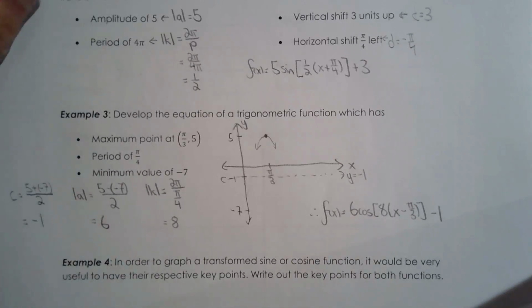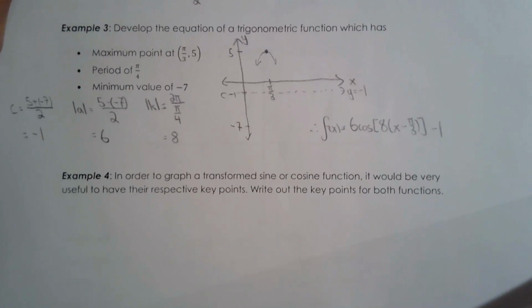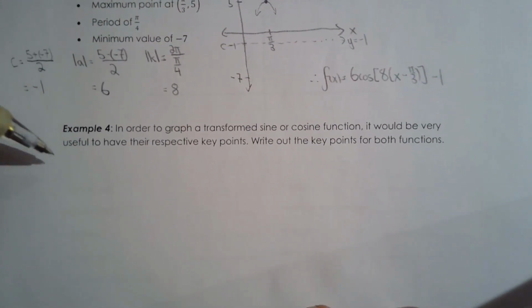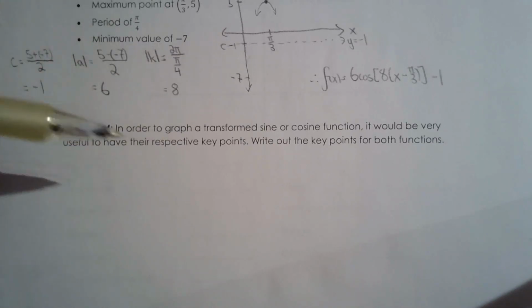Okay. All right, so the last question here on the second page is to write down the key points for the sine function and the cosine function. So hopefully you already know this, because in the first part of our first lesson in this unit, we asked you to graph sine and cosine and know those graphs really, really well.